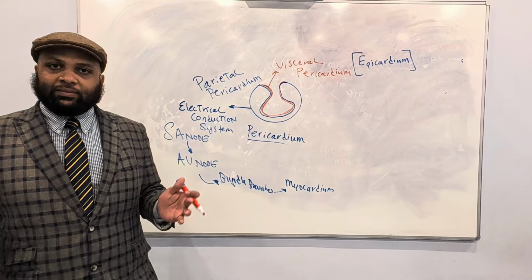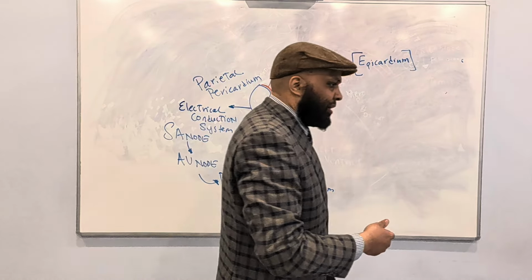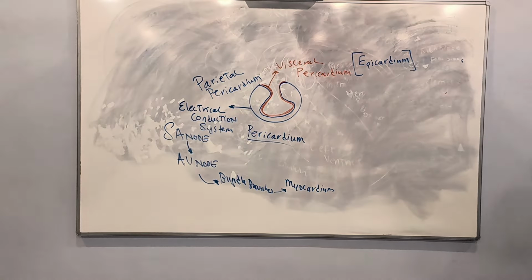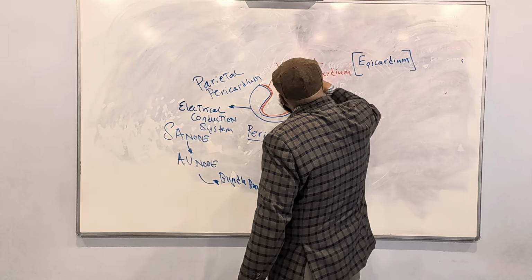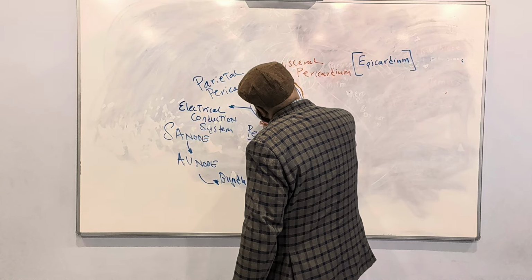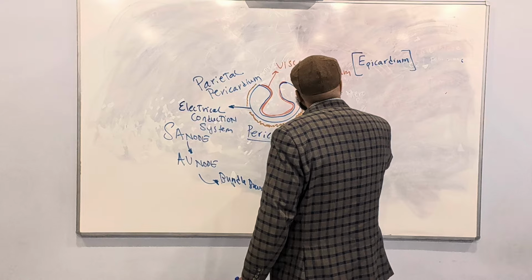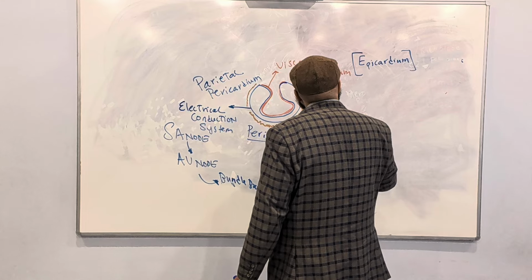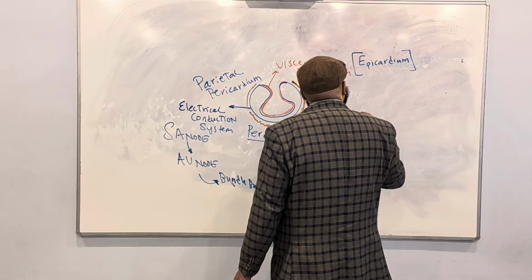We talked about the pericardium. That's on the outside. Even outside of this blue layer, there is a fibrous layer, this brown layer, known as the fibrous pericardium.